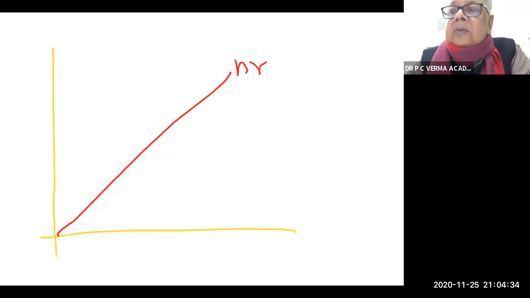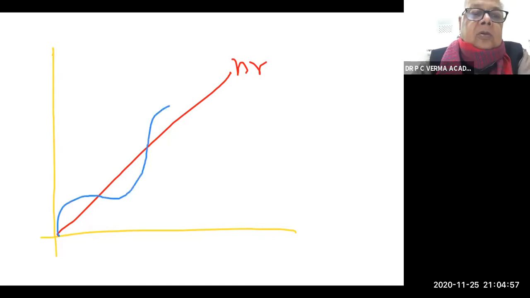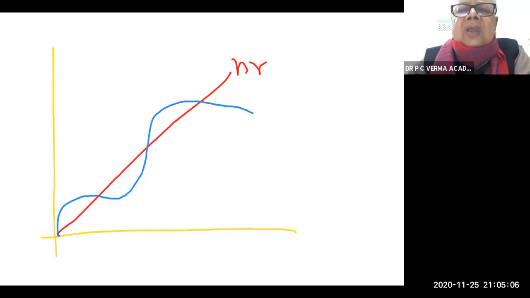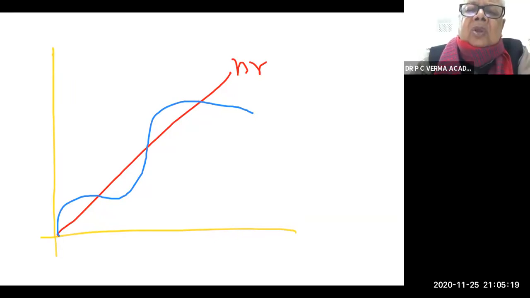This is NR. Sir, initially is it necessary to draw a production curve, Y equal to F of K, L? No, not necessary.